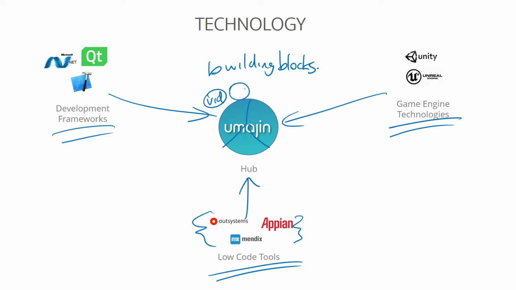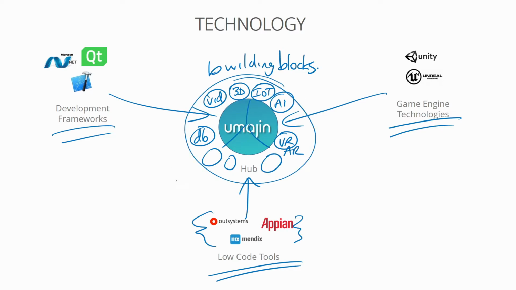So it might be video, it might be 3D, it might be IoT data sources, it might be AI layers, you might have VR and AR, a very deep database layer. Basically, we can just keep on adding modules onto the system. So it's designed around this modular extensible architecture.